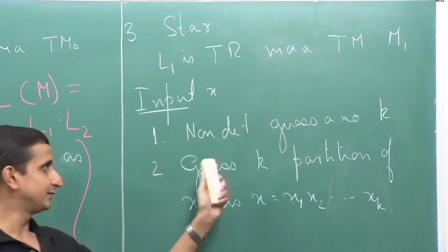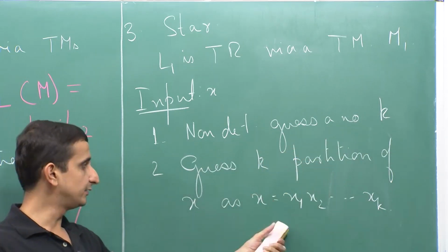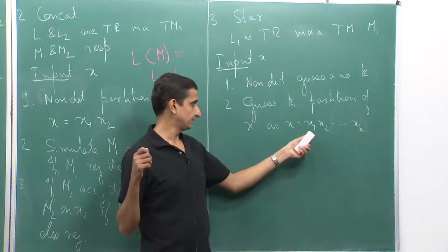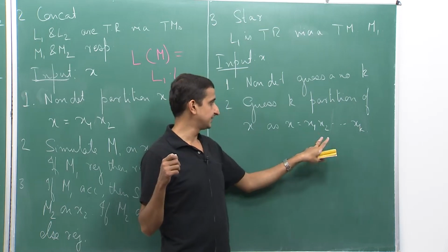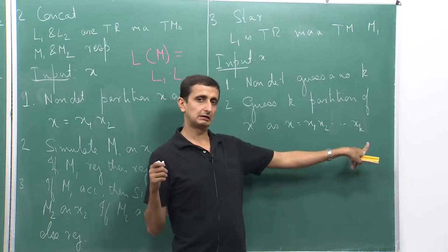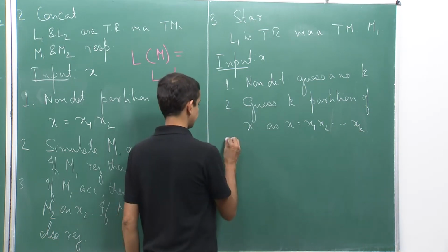So, this is the same. We just have one additional step here, where we guess a number K, and then we do the same as concatenation, but instead of just guessing a partition consisting of two strings, we guess a partition consisting of K strings.